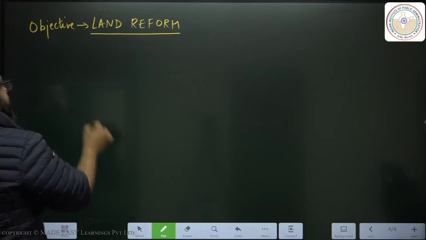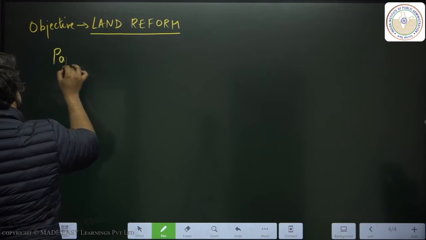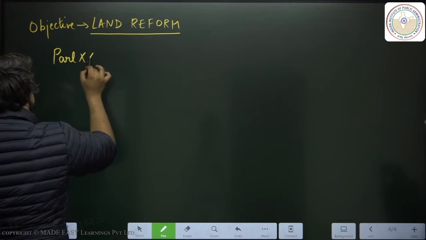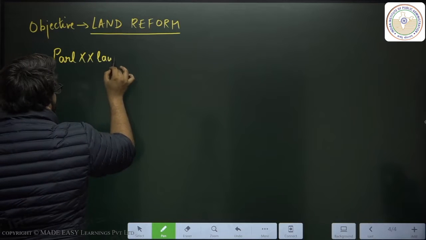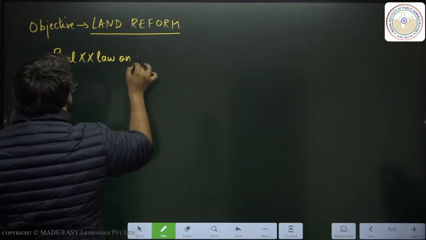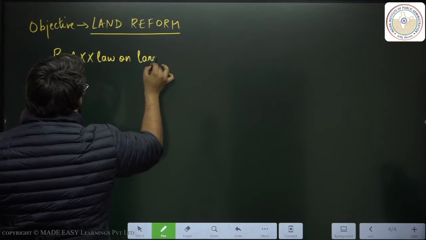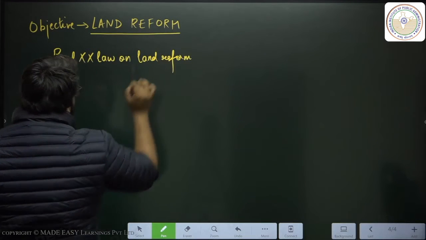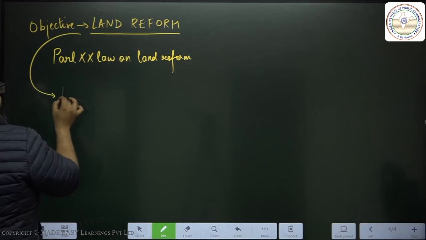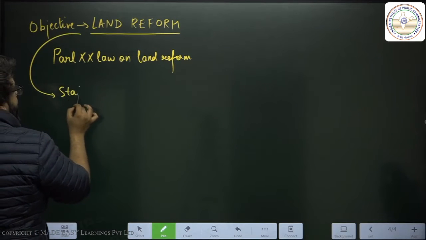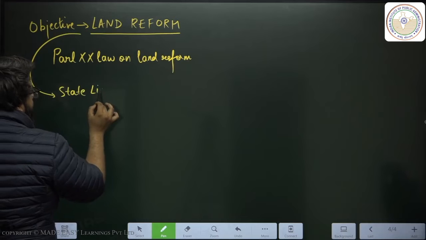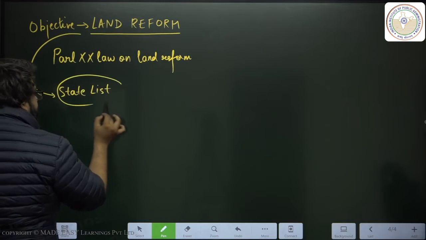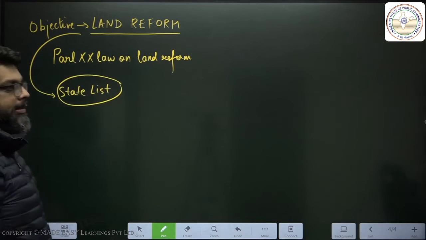It's because the parliament cannot make any law on this kind of land reform that we are referring to, because land is in the state list.